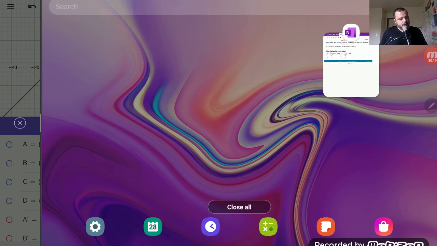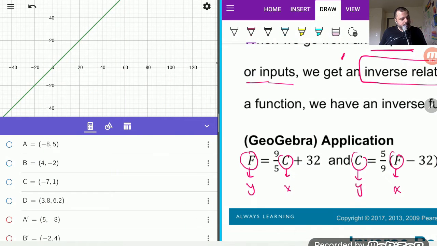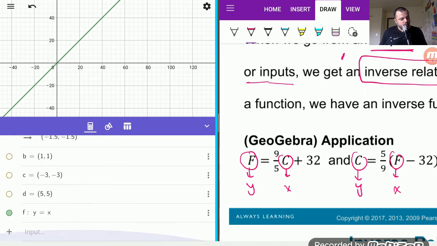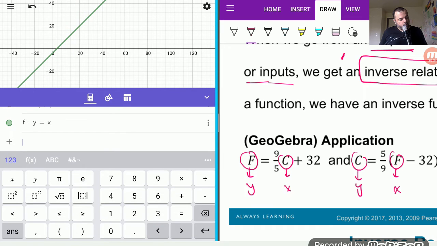So I'm going to keep the y equals x, which is the mirror, right? The mirror. And I'm going to hide all of the other points. So the first one is going to be y is equal to 9 divided by 5 times x plus 32. So we got the first line.